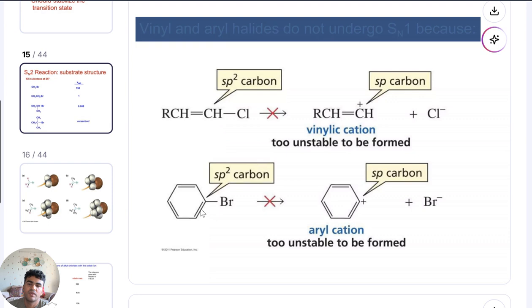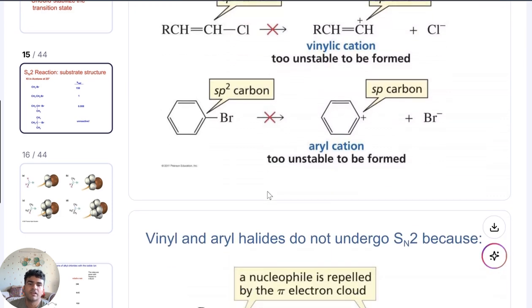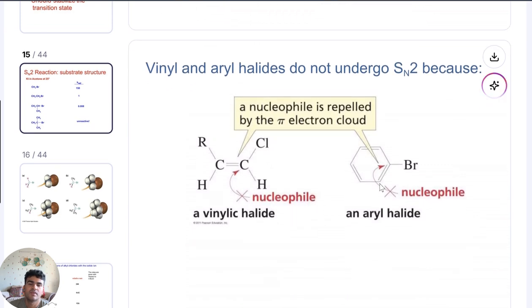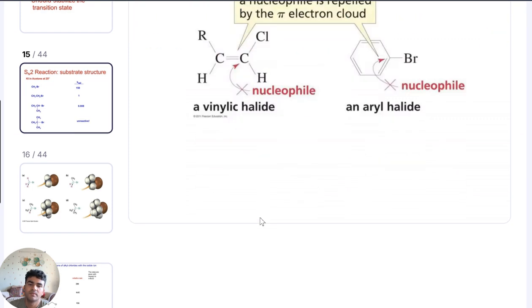And also the antibonding orbital is not easily accessible for the nucleophile, because the benzene ring is here. So SN2 as well as SN1 reaction will not take place from vinyl or aryl substrate. You can see here that the nucleophile will not attack from the backside of the benzene ring. The attack is not possible.